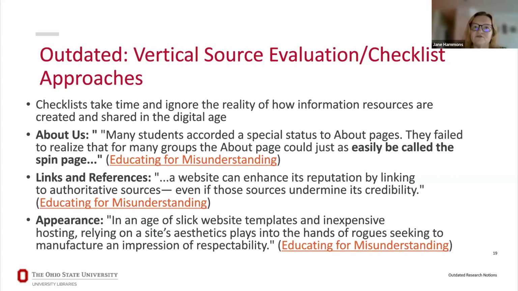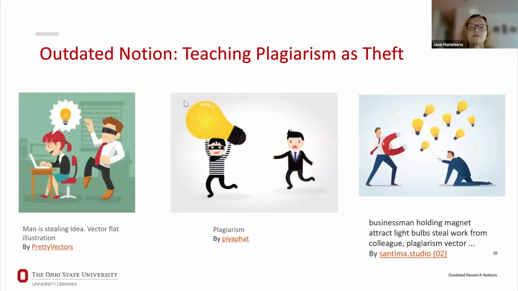Just the presence of links and references in an online source, or any type of source really, does not necessarily mean that it is a credible source. And then appearance as well. Anyone can make a really great looking website, right? So guidance that may have been helpful in those early days of the internet is no longer helpful or relevant. And again, based on the comments that you all had, I think you would agree with that.